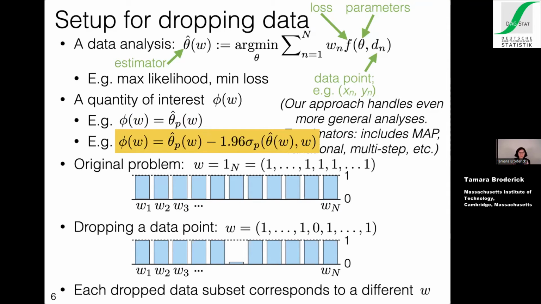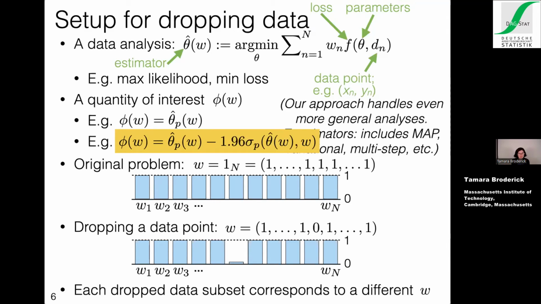But let's also observe that every W that we care about, because we're dropping this very small fraction of data, is very, very close to the all ones vector. That's going to be our main observation here: we're only perturbing W a tiny bit from the all ones vector. Phi itself is a function of W, and so let's just use a Taylor expansion in W.